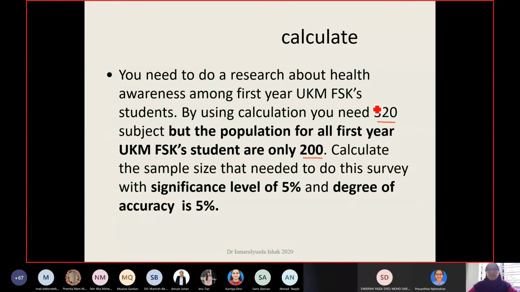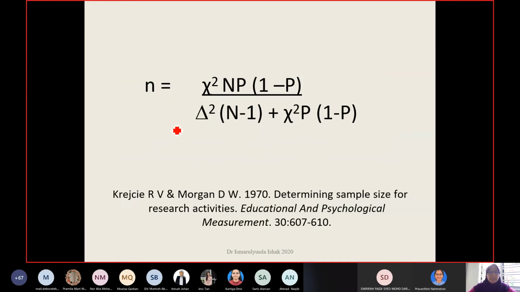If you use the calculation you need 300, so you cannot use the formula from before, but you have to use the Krejcie and Morgan formula. Significance level 5%, degree of accuracy 5%. In this formula, this is the chi-square, you don't have to square it anymore.